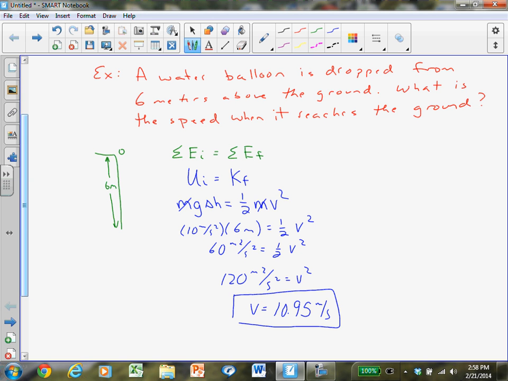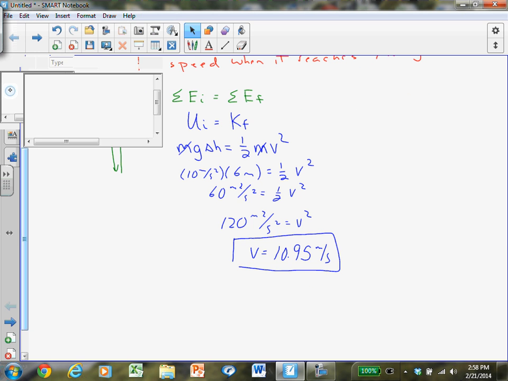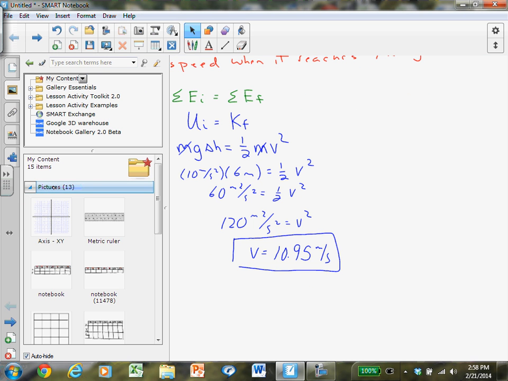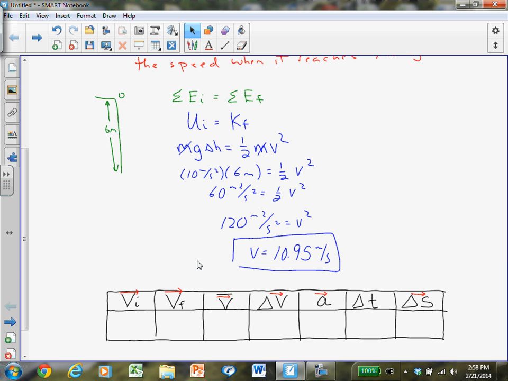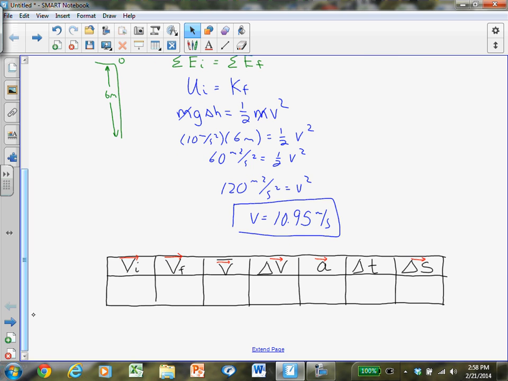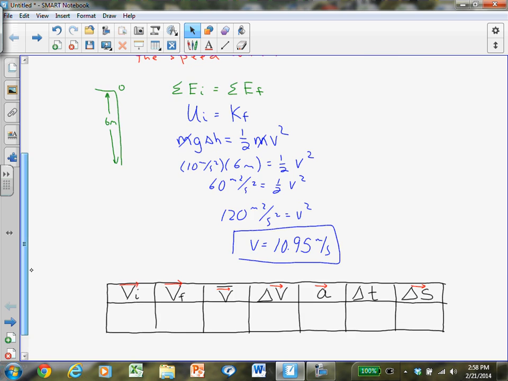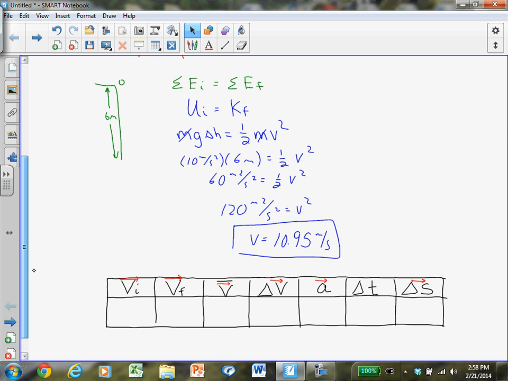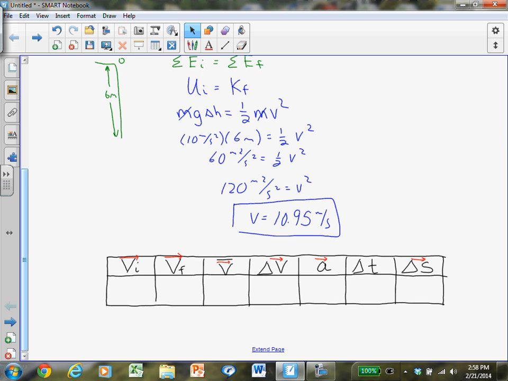Now, we could have done that problem in an old method. I'm thinking ahead to the next problem in my head, sorry. Well, we could do a simple easy chart here, the RGC, and in that case we started at 0. We're wondering what we end with. We know our a is -10 meters per second squared with a distance of 6 meters.